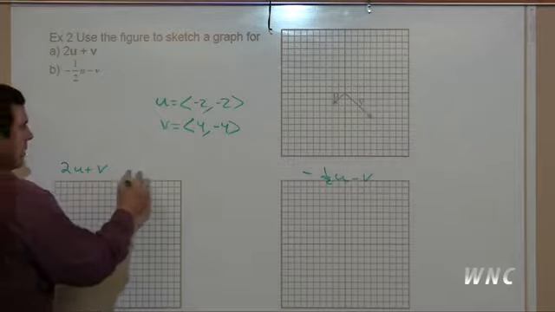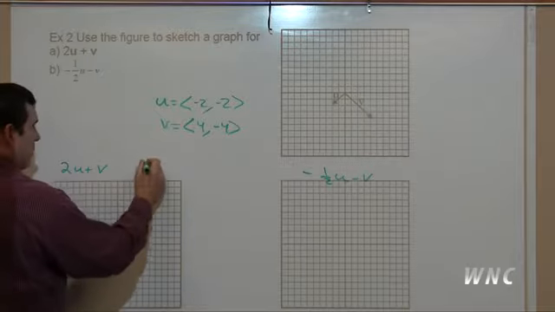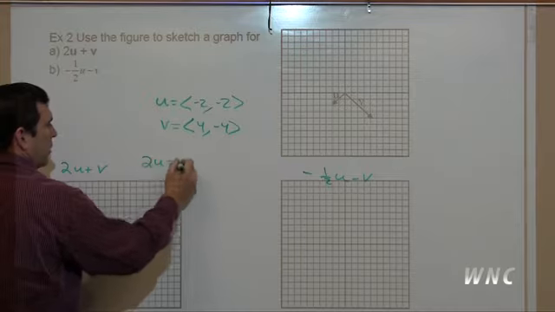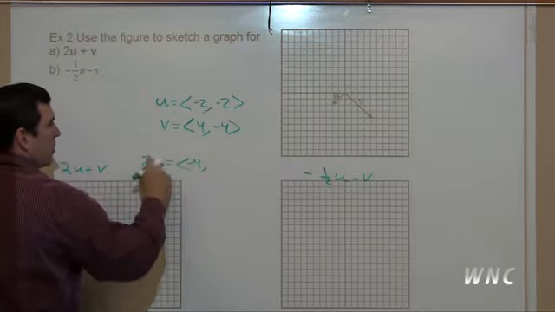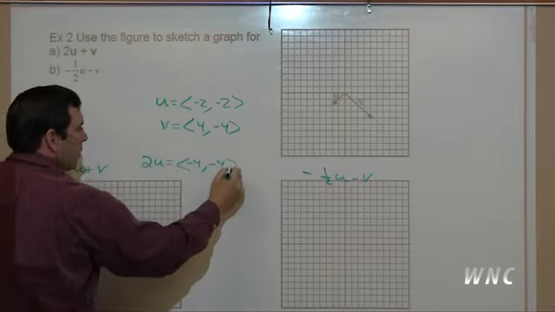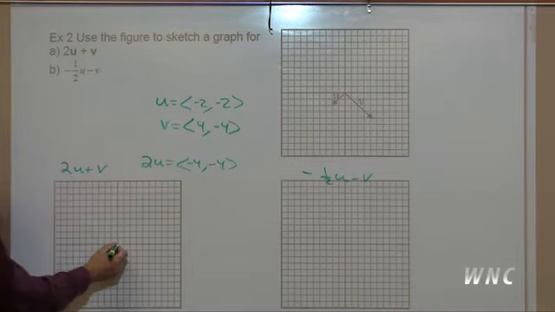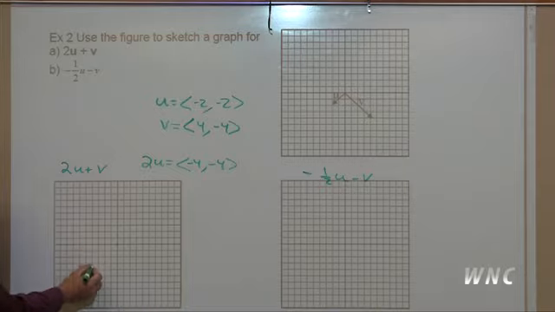So 2U plus V. 2U is going to be 2 times negative 2 is negative 4. 2 times negative 2 is negative 4. So if we start here, 2U is going to be going down. It's going to go to the right 4 and down 4. That's 2U.